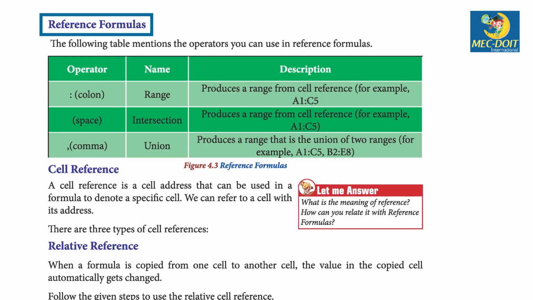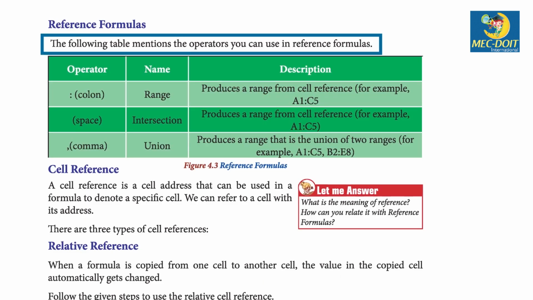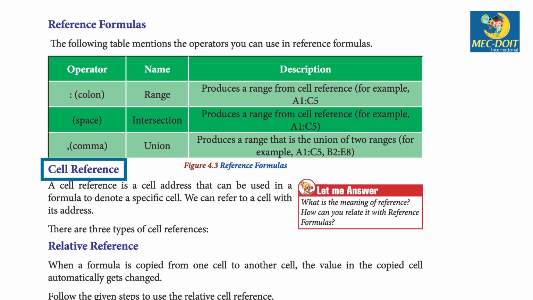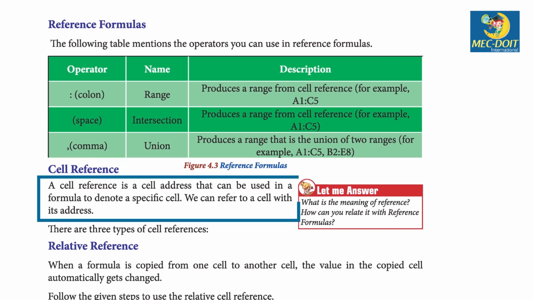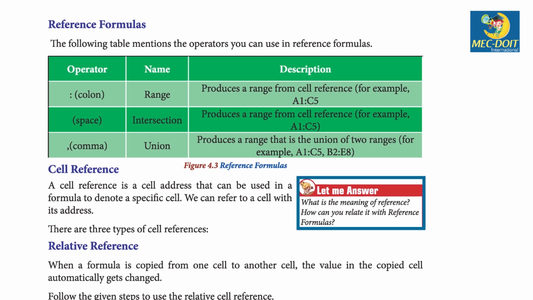Reference formulas. The following table mentions the operators you can use in a reference formula. Cell reference. A cell reference is a cell address that can be used in a formula to denote a specific cell. We can refer to a cell with its address. Let me answer. What is the meaning of reference? How can you relate it with a reference formula?